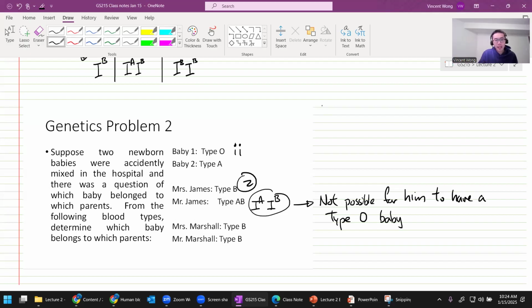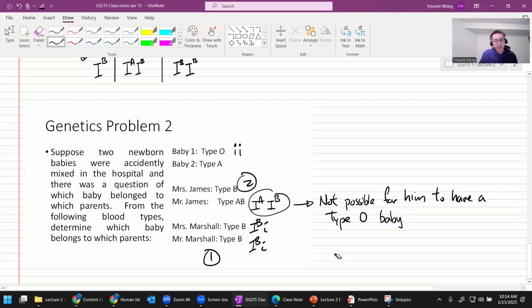Now, some of you might be confused about how it is possible for two type B individuals to have a type O baby. Well, remember, there are two ways to be type B. You can be IBIB, or you can be IB little i. So in this case, both of them must be IB little i.